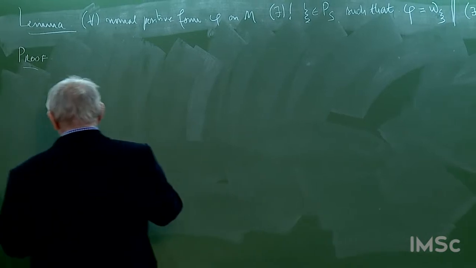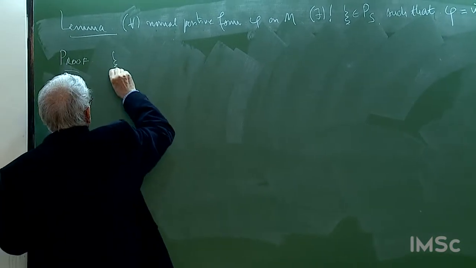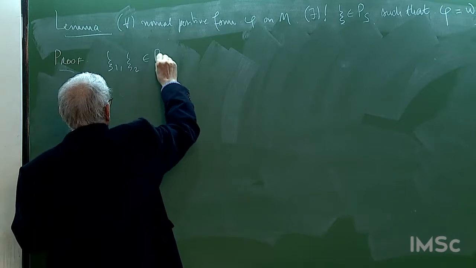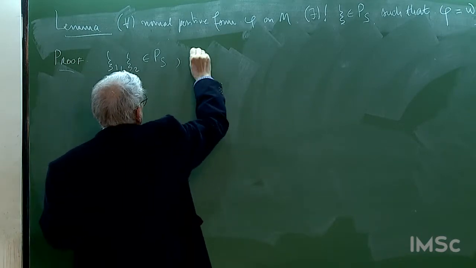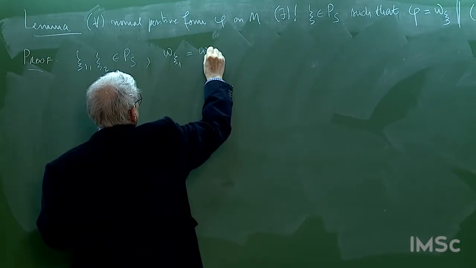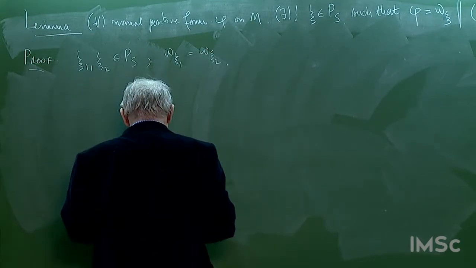So let's consider two vectors, psi 1 and psi 2 in P sub S, such that the vector forms omega psi 1 and omega psi 2 are equal.